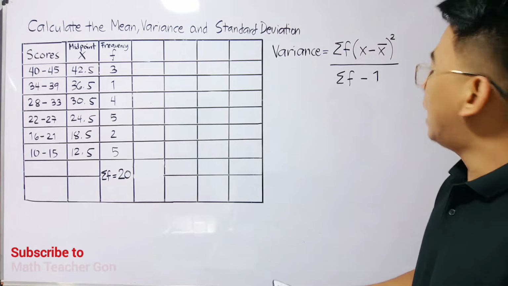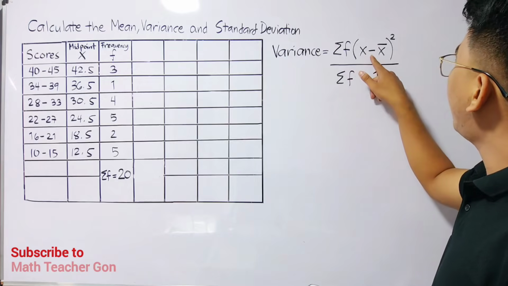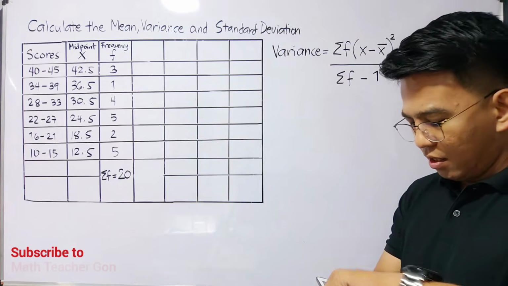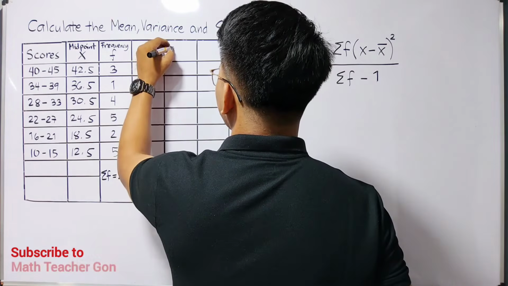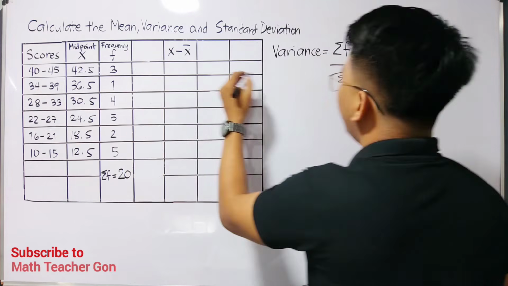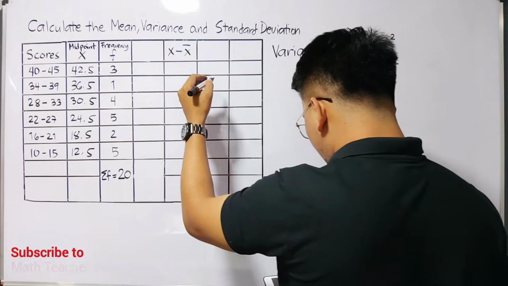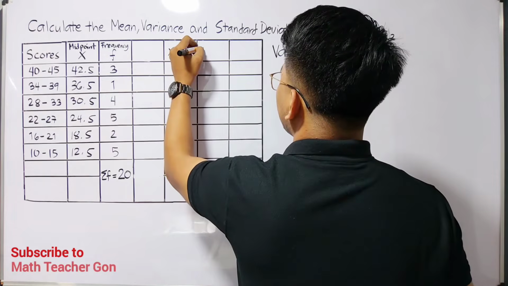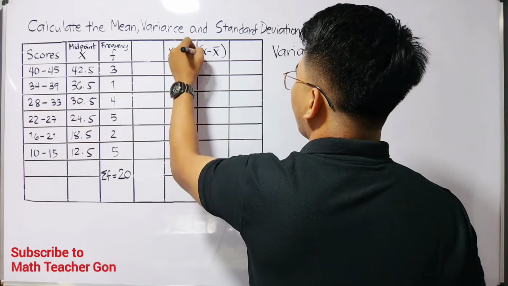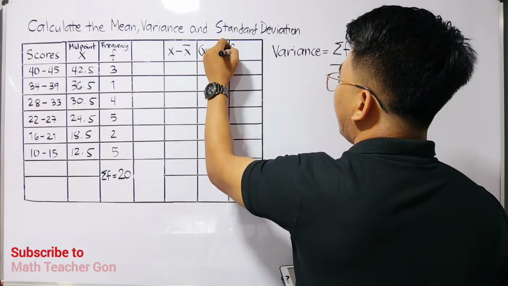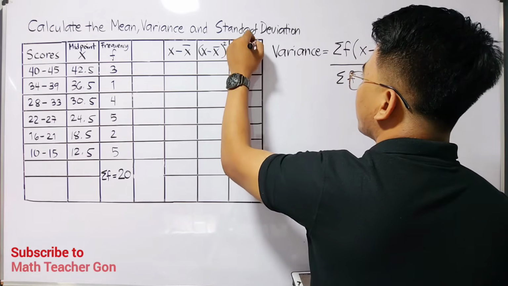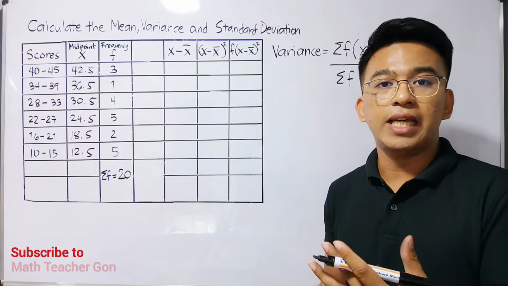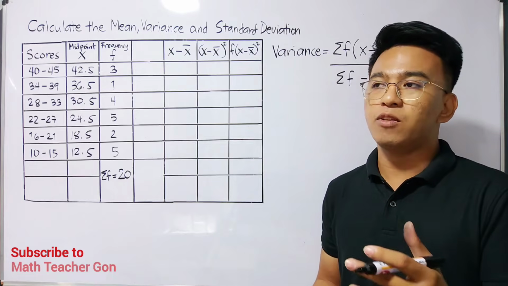In this formula we need the value of (x minus x bar) squared. But before that, we need the value of x minus x bar, then x minus x bar squared, and then eventually f times (x minus x bar) squared. It is not that difficult, the process is just a bit long because we're doing group data. Bear with me guys, because these steps are very useful.